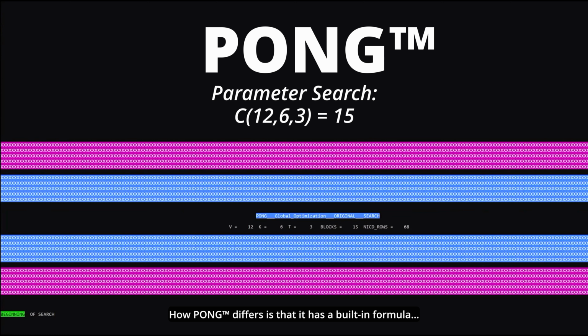How PONG differs is that it has a built-in formula that helps prove the lowest bound, that the optimal solution has actually been reached.